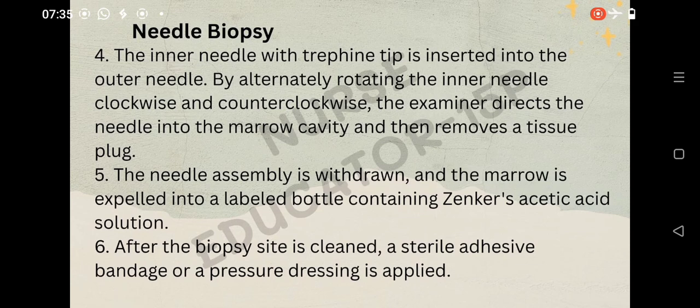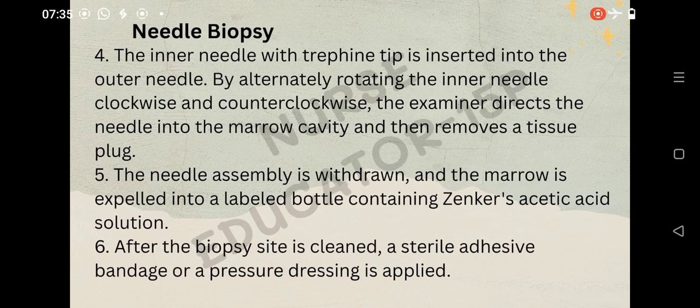After that, they remove the placed needle and use a trephine cover capping of the needle by alternately rotating the inner needle clockwise and counterclockwise. I have told you 180 degrees, so he rotates the needle once clockwise and again back, that is counterclockwise.